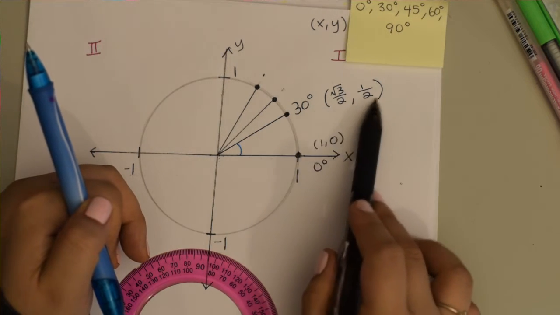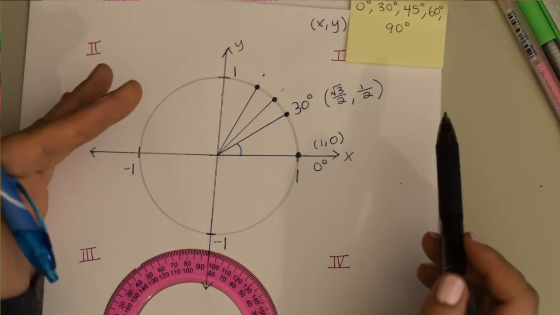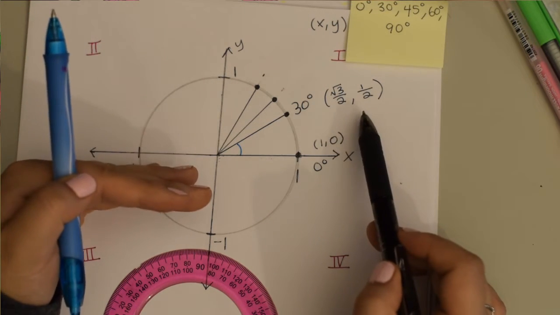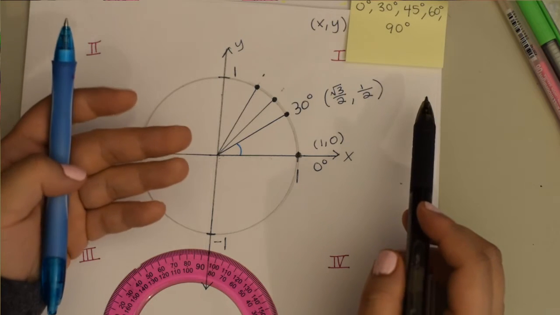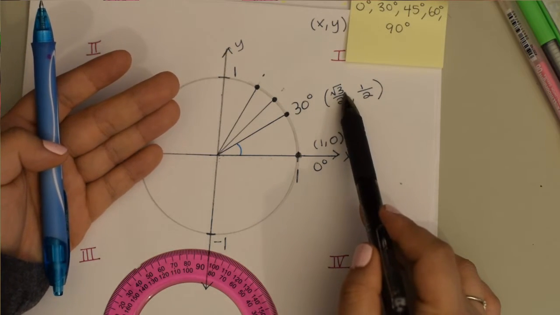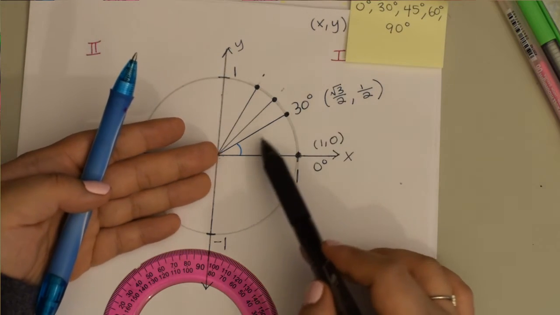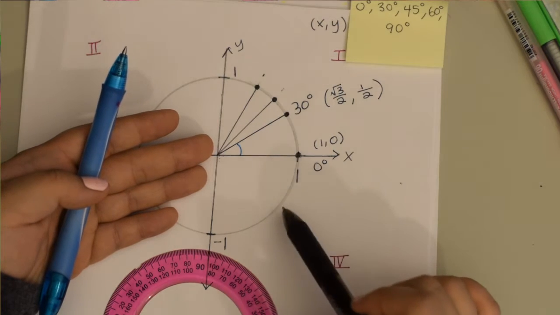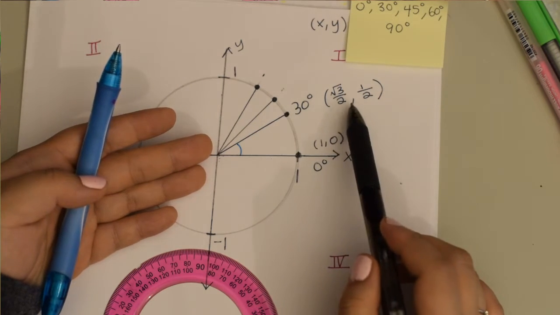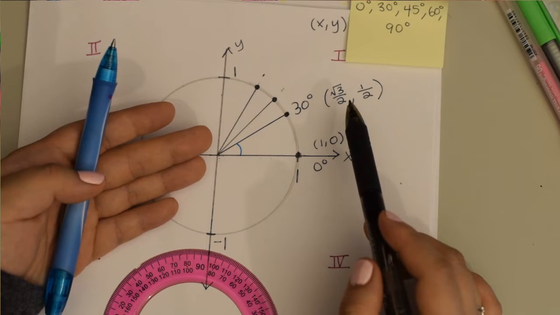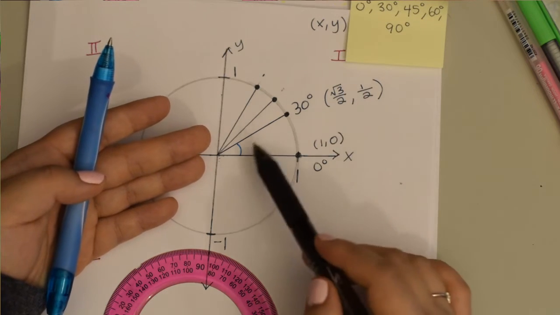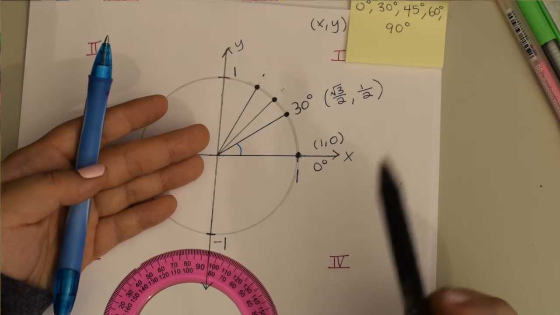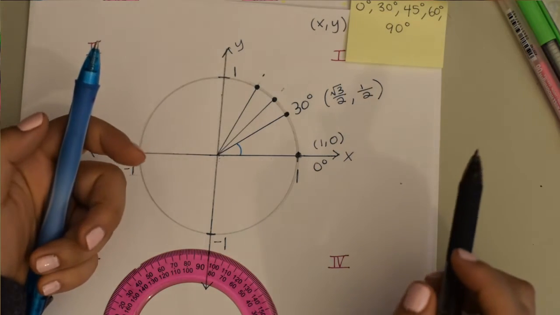And we have to use geometry to figure out how on earth you would have ever known root 3 over 2. You can't get an exact value for root 3 over 2, so you have to actually use geometry to get that exact value. You're going to be using the Pythagorean theorem, but you have to be clever in how you derive this. So we'll do that in the future.